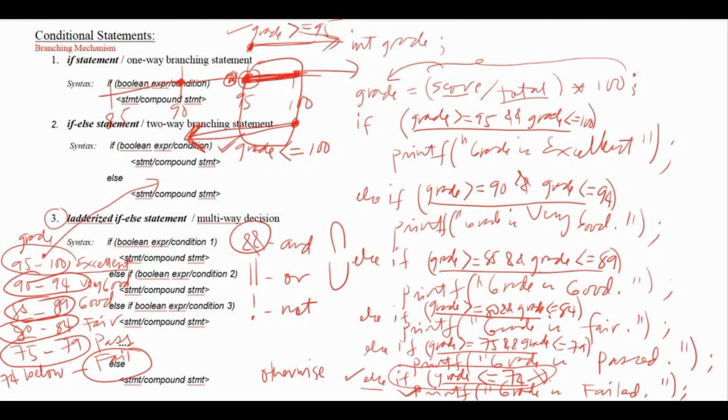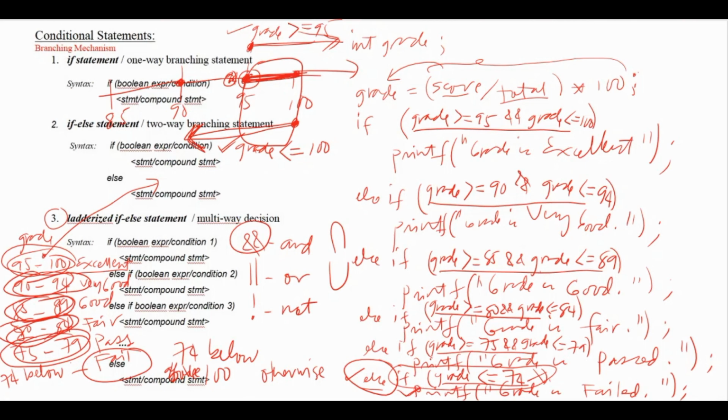If it's not within this range, not within this range, not within this range, not within this range. So what are the values not within these ranges? It would be 74 below and above 100, right? Including above 100. It falls to the last else.